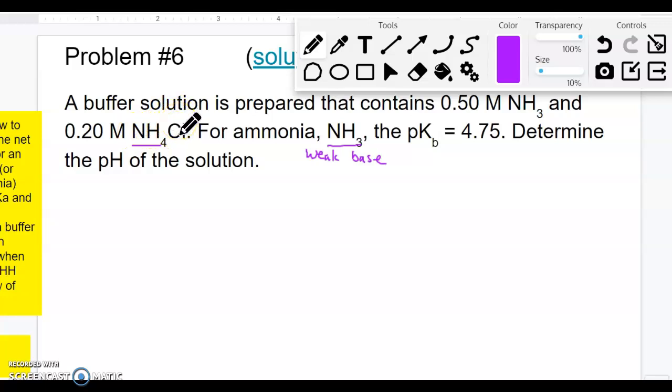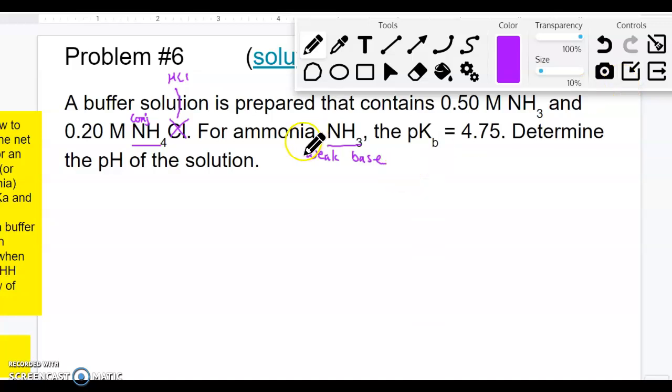But because NH4 is its conjugate, I'm going to keep this in the equation that I will write. But the Cl is the conjugate of a strong acid, and I can take that out because it's not going to reform with hydrogen. It's not going to react. So we're not worried about the Cl in this case.